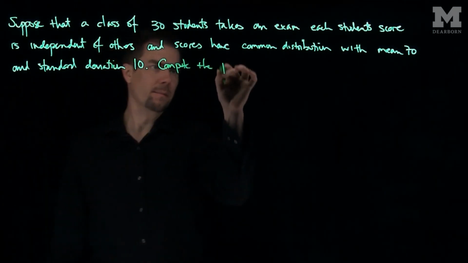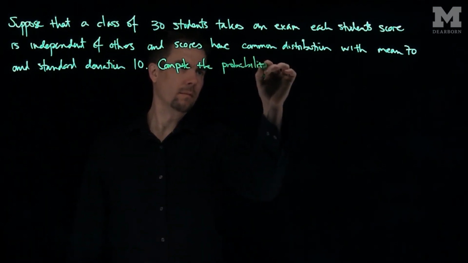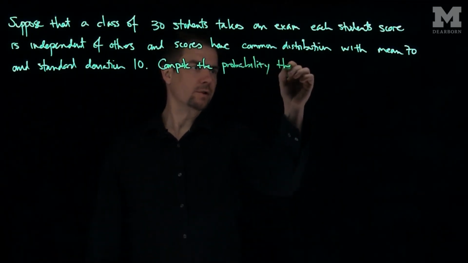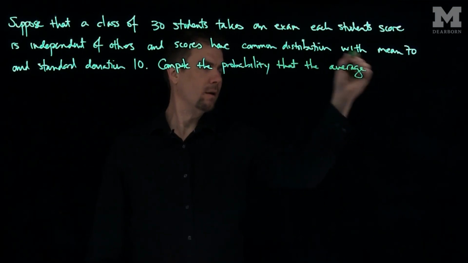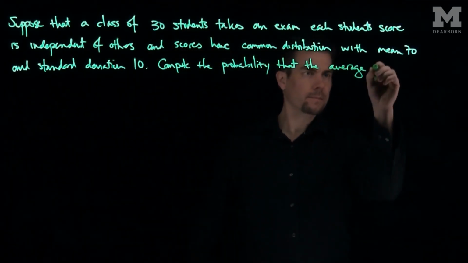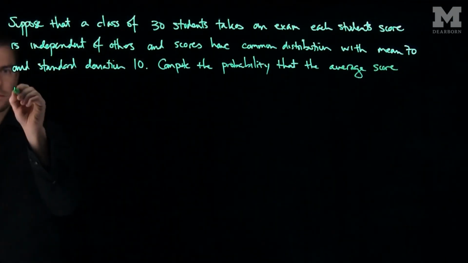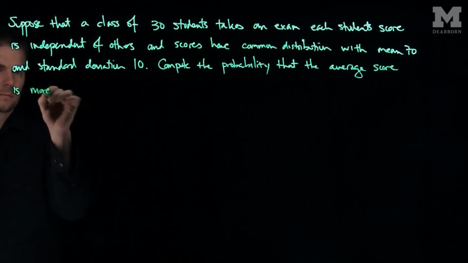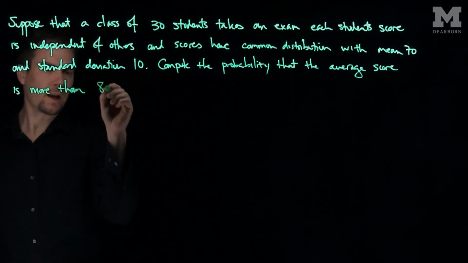Let's compute the probability that the average score is more than 82.